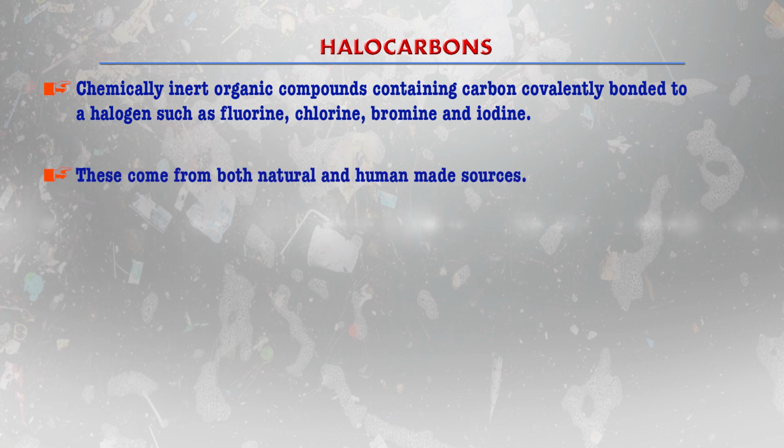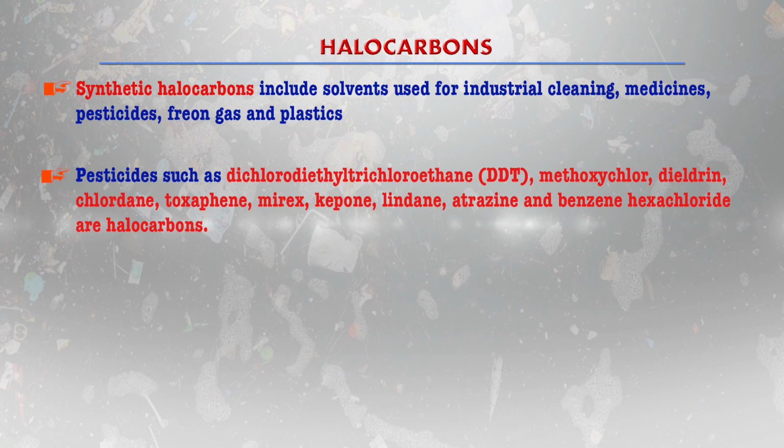Now, halogens can come from both natural as well as human made sources, and these synthetic halocarbons include solvents which have been used for various industrial cleaning purposes, then medicines, then various pesticides such as DDT, methoxychlor, then dieldrin, lindane, chlordane, then atrazine, benzene hexachloride.